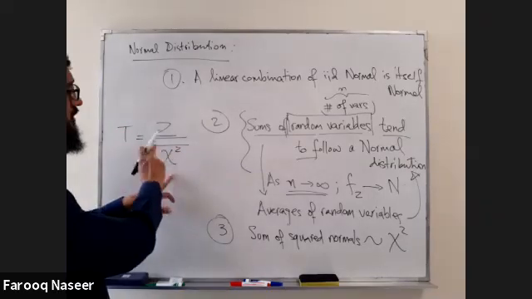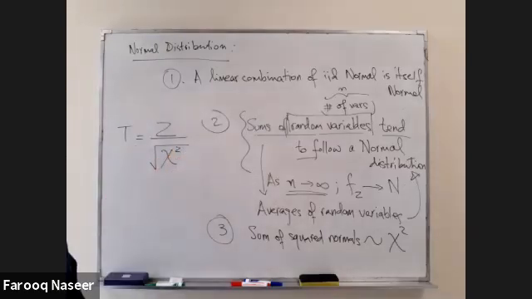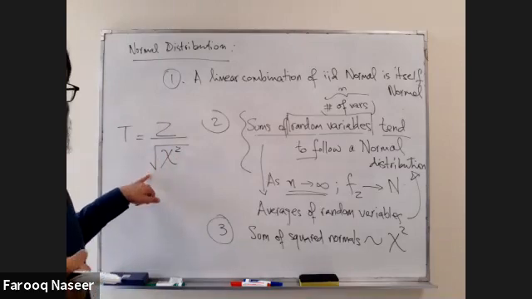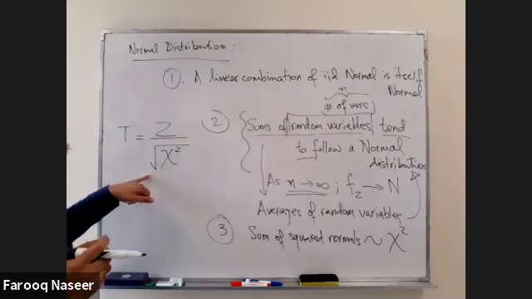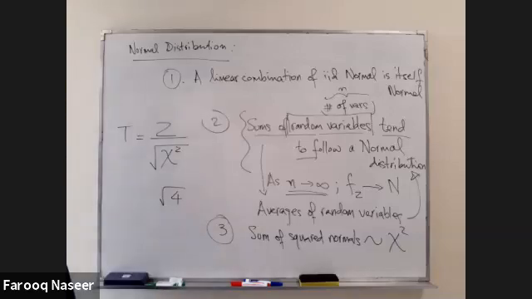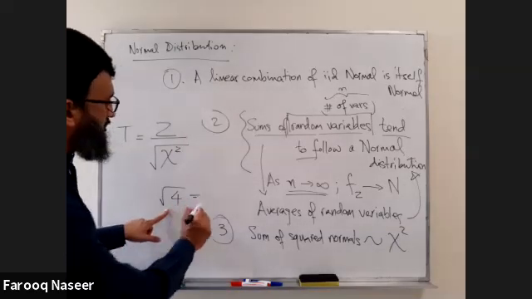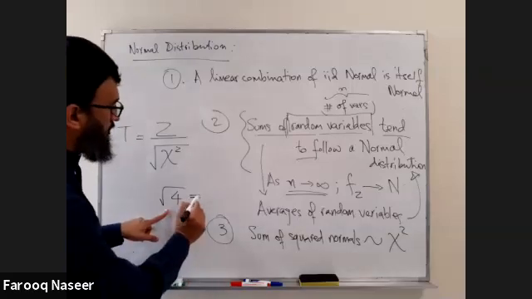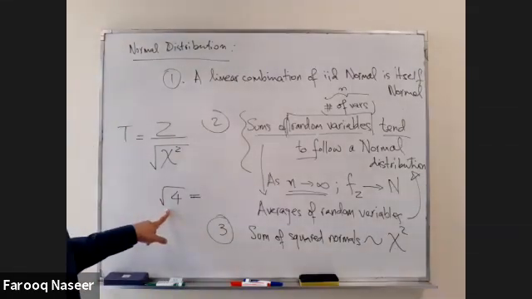So basically you take the square root of it. By the way, when you write a square root like this, if you take square root of 4, what's the answer to this? Anyone? What's the square root of 4?